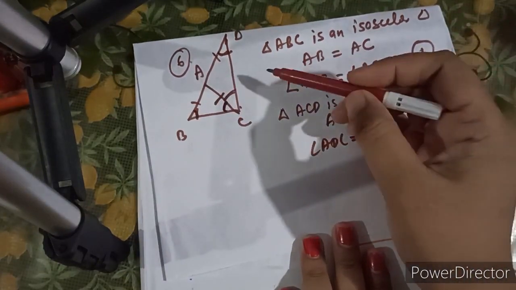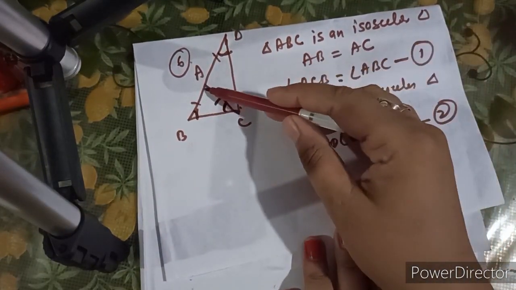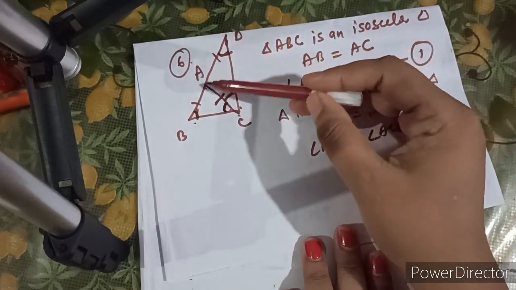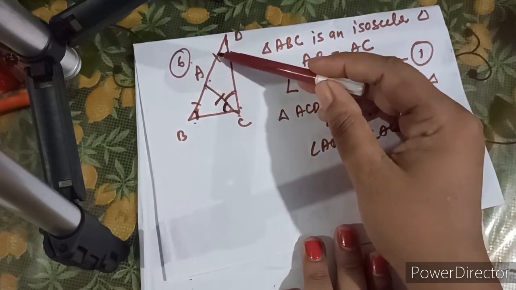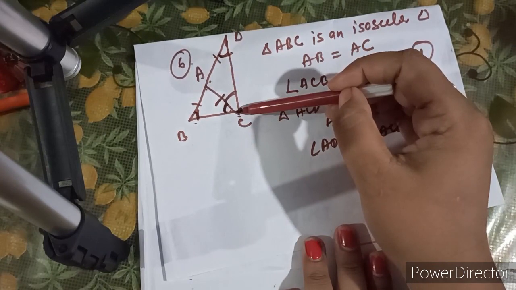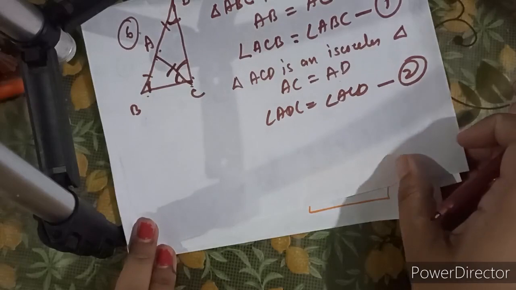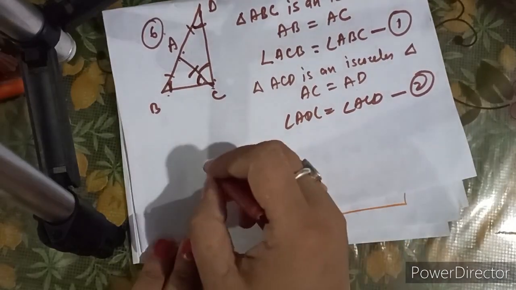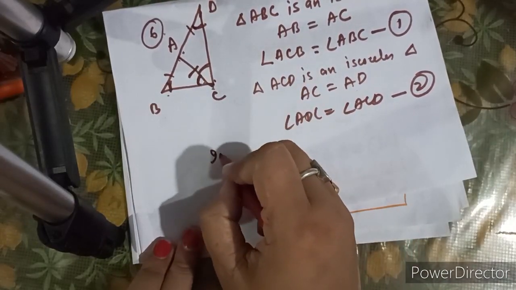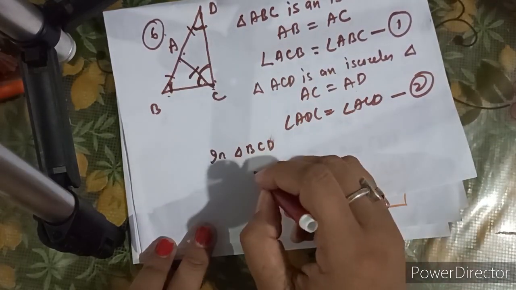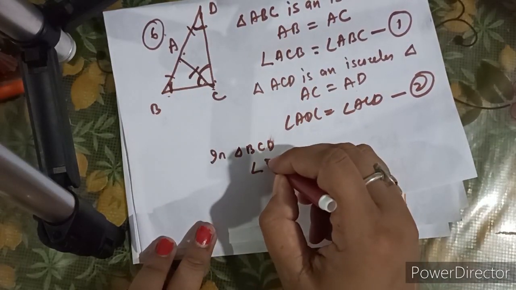In triangle ABC, ACB I am writing here, and in this triangle, angle ADC is equal to ACD.